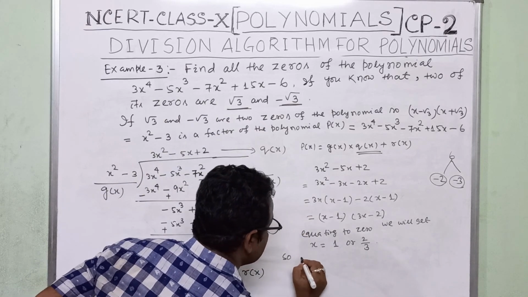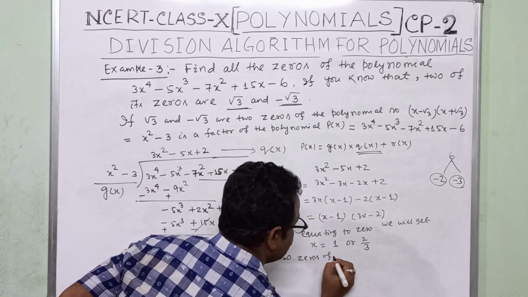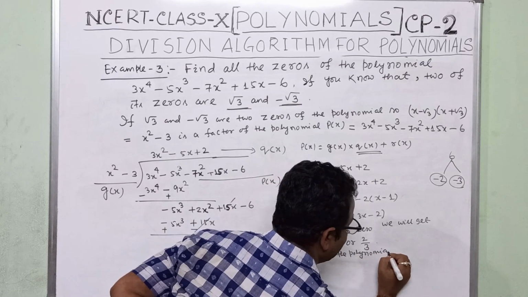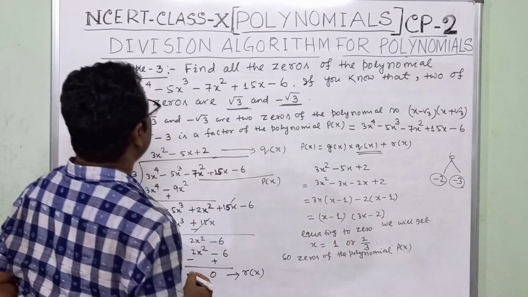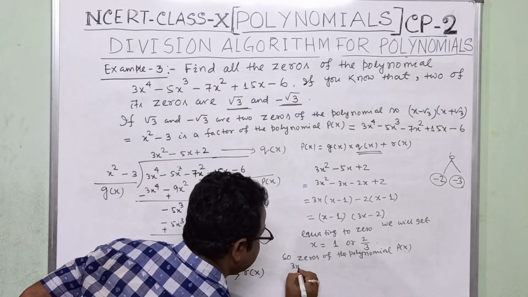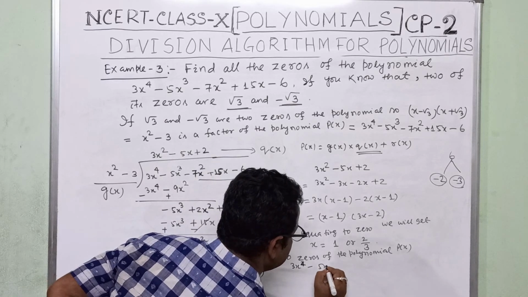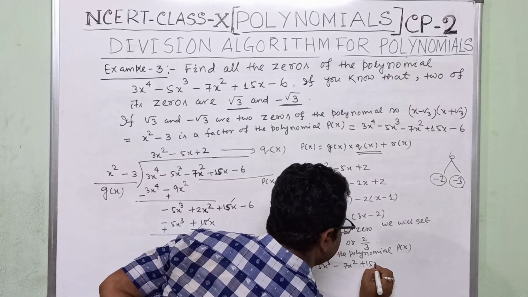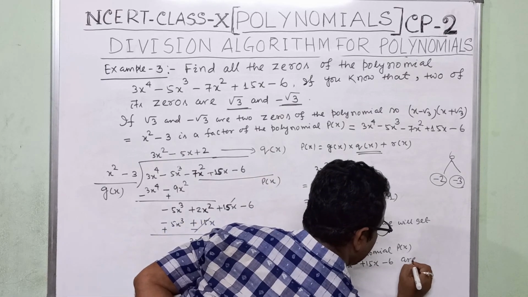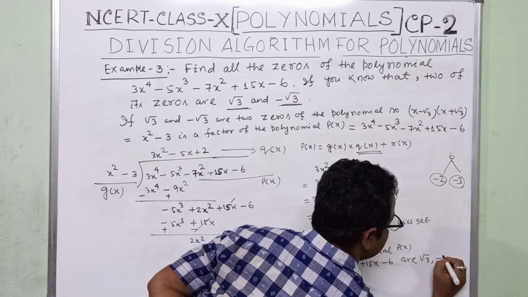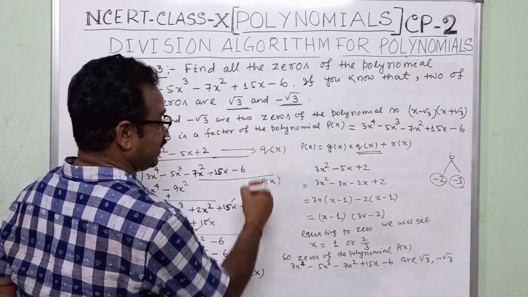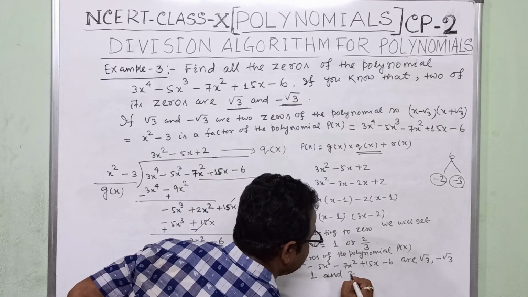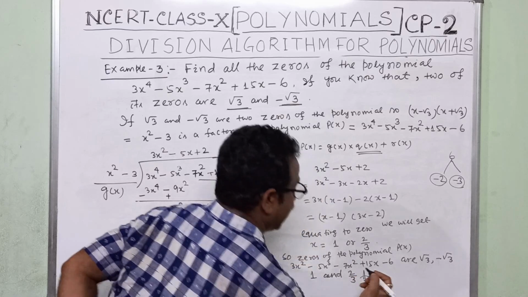So the zeros of the polynomial P(x), 3x^4 minus 5x cube minus 7x square plus 15x minus 6, are root 3 and minus root 3, already given. We got 1 and 2 by 3 as the answer.